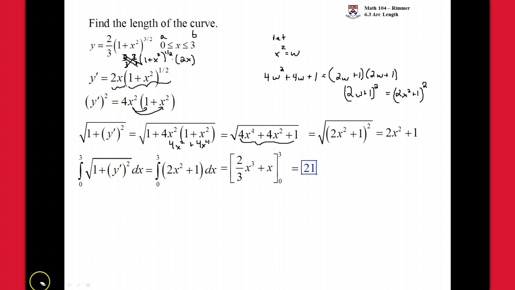Let's write that out. We get 2/3 of 3 cubed plus a 3. And then we put a 0 in, we get a 0. And so this 3 would cancel with one of these, still leaving you with 2 of them. So that's 2 times 9 plus a 3, or 18 plus a 3. And that's how we get this 21.